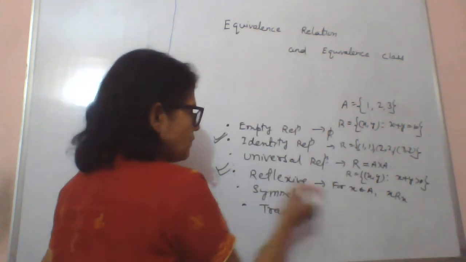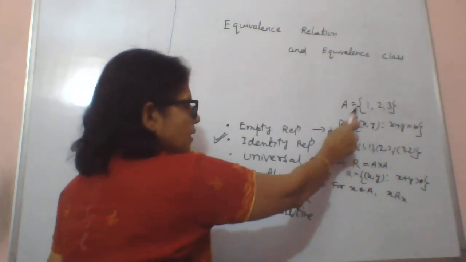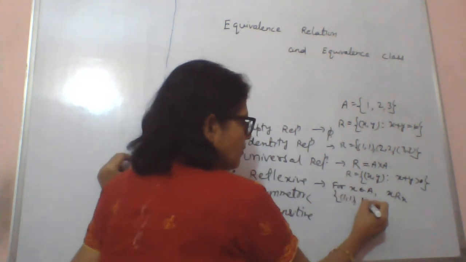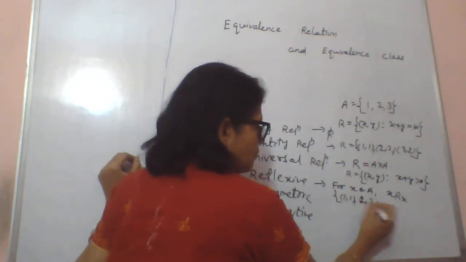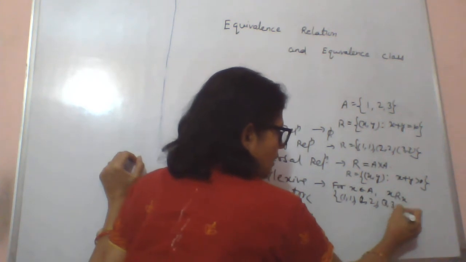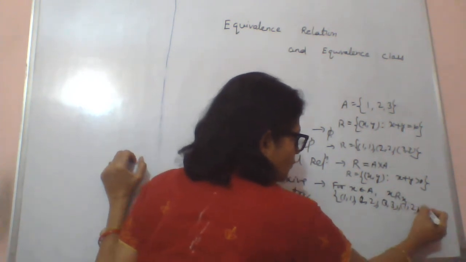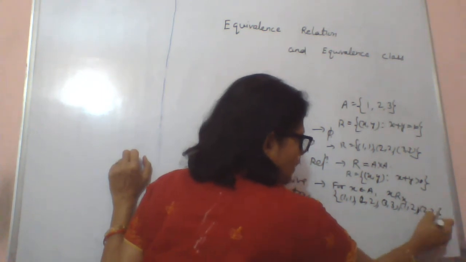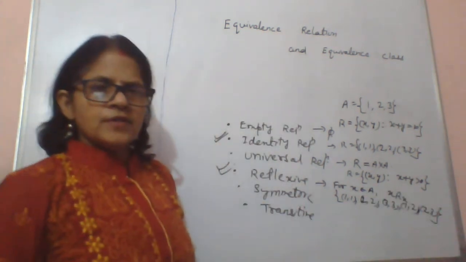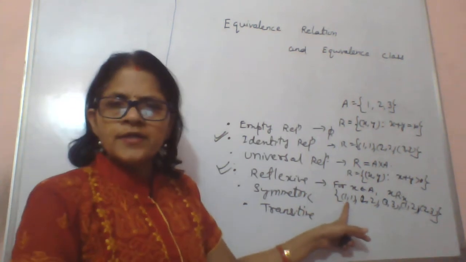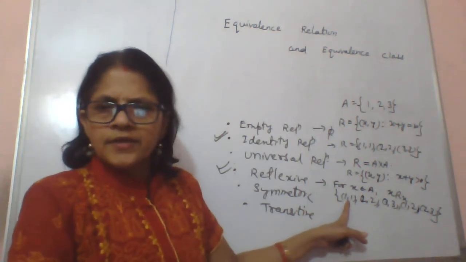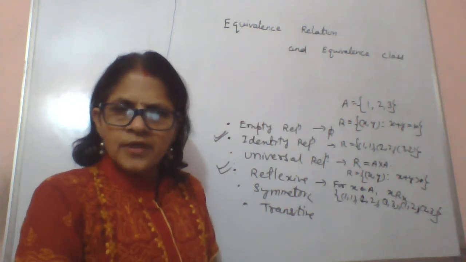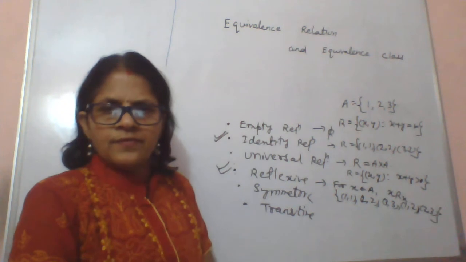So here you see, I am taking the same set. If I write (1,1), (2,2), (3,3), and here I also take (1,2) and I may take (2,3) also, then this relation cannot be taken as an identity relation, because in an identity relation every element is related only to itself.